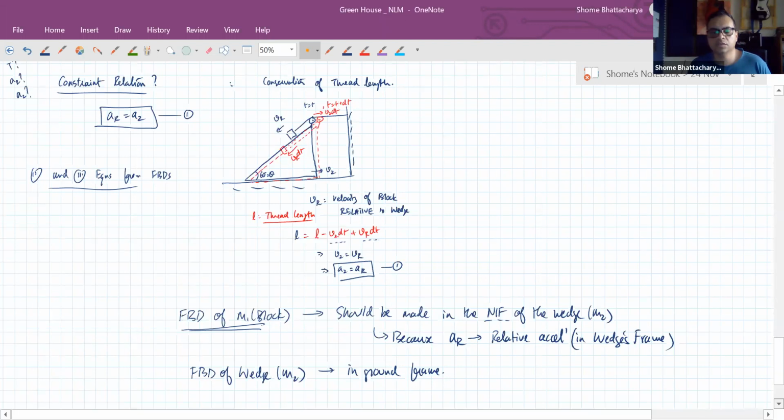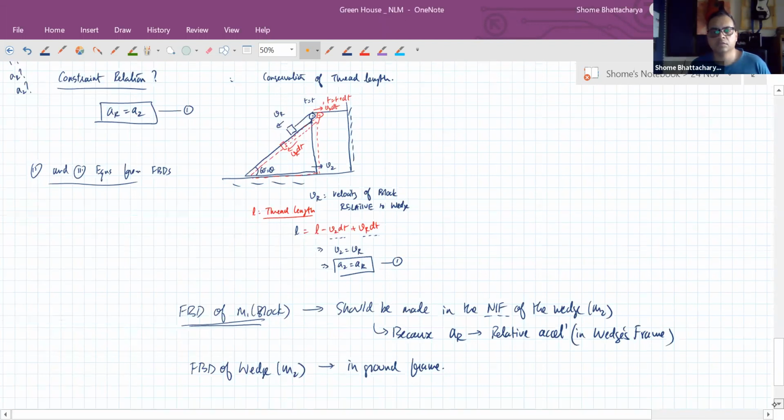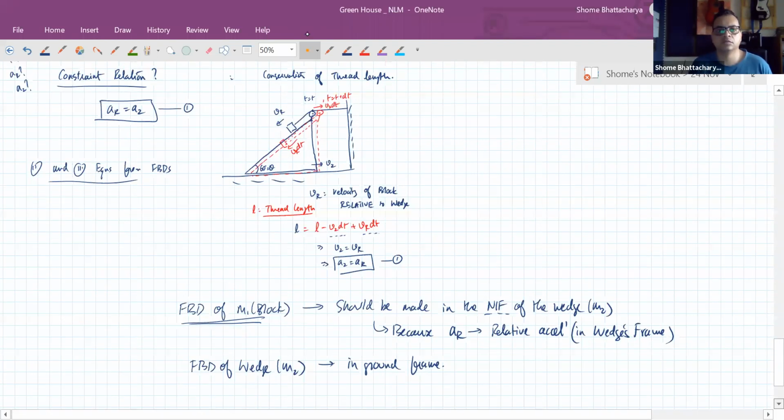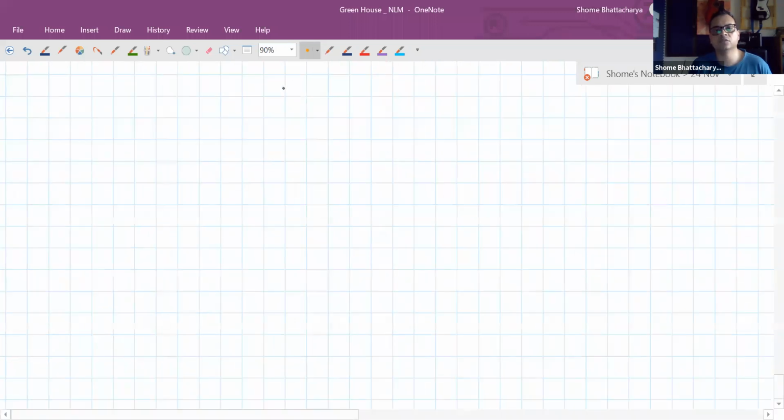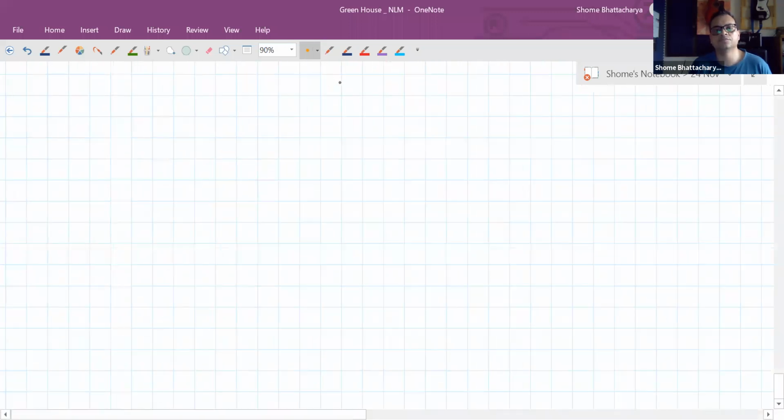Okay, so let's make the two free body diagrams. Our first equation that we were getting from the constraint relation, let's just write down here. A relative was equal to A2. So let's take that as A, suppose. Okay.